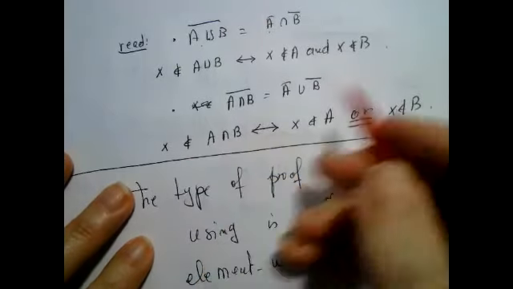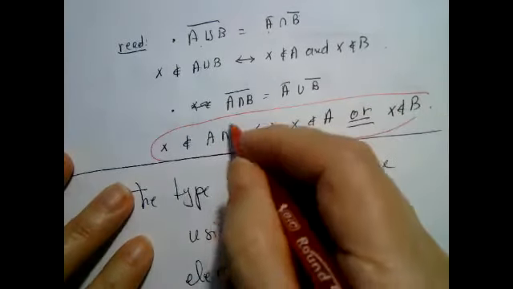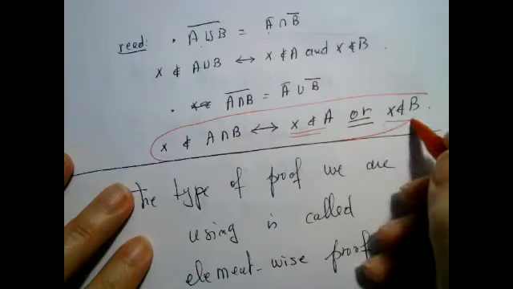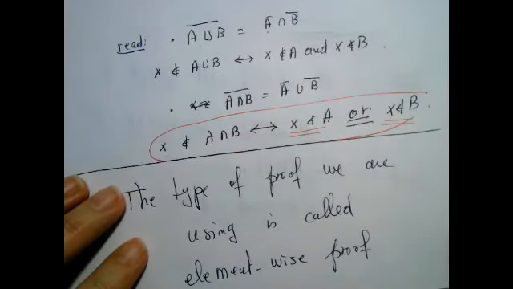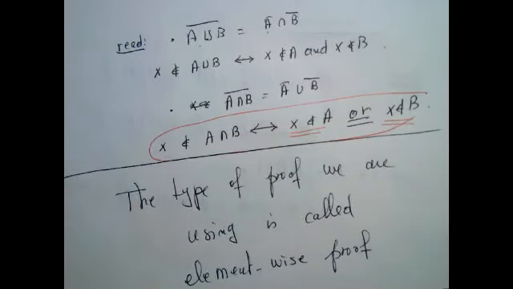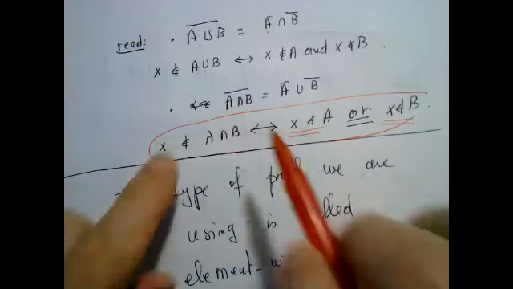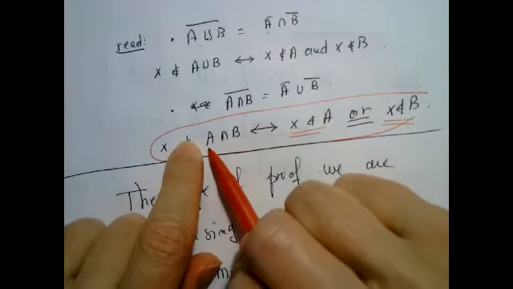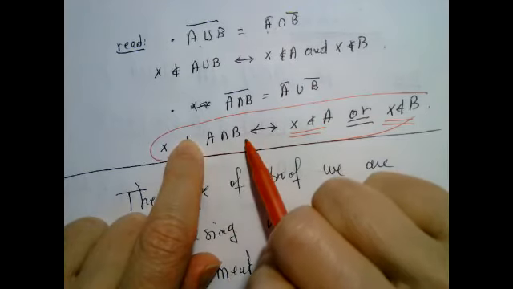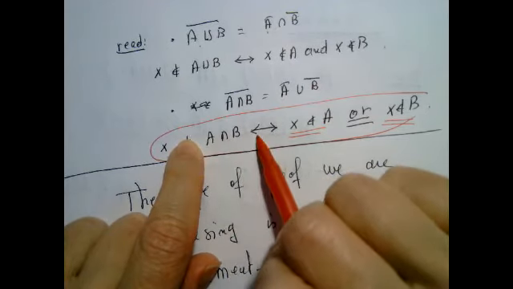It's not in the intersection if it's not in A, or it's not in B. That's how I can avoid being in the intersection. It's either I am not in A or I am not in B. I'm not in both of them.